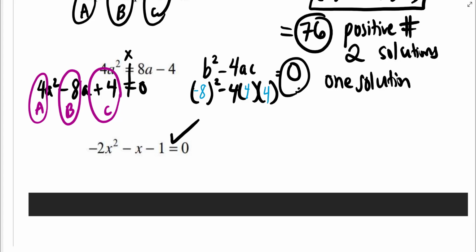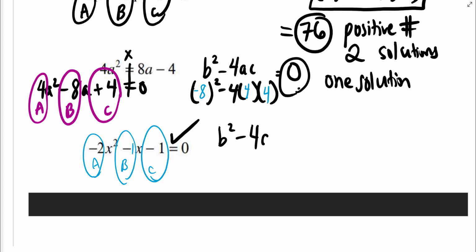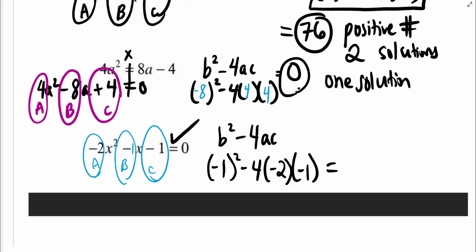Okay, the last one is equal to 0, so we can quickly identify A, B is negative 1, C is negative 1. We're going to do b squared minus 4ac. We're going to substitute. B is negative 1, A is negative 2, C is negative 1. So we have negative 1 squared minus 4 times negative 2 times negative 1.